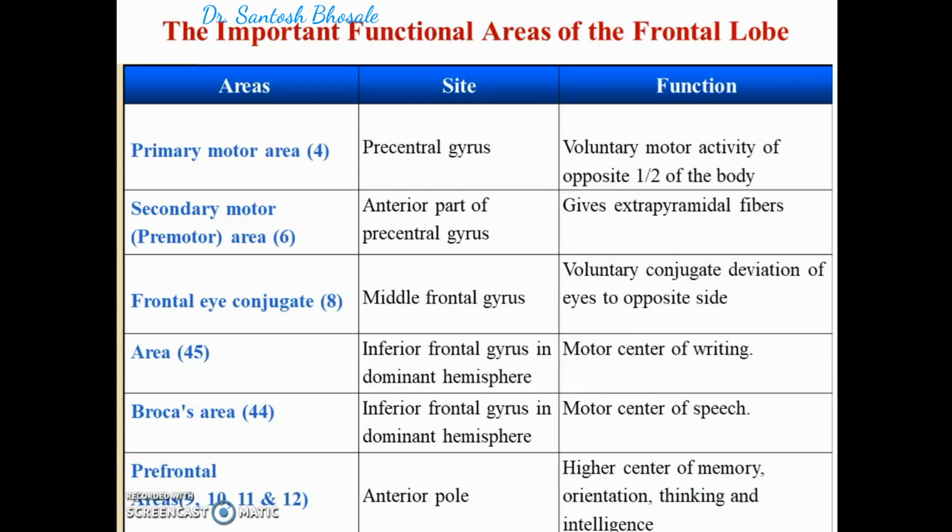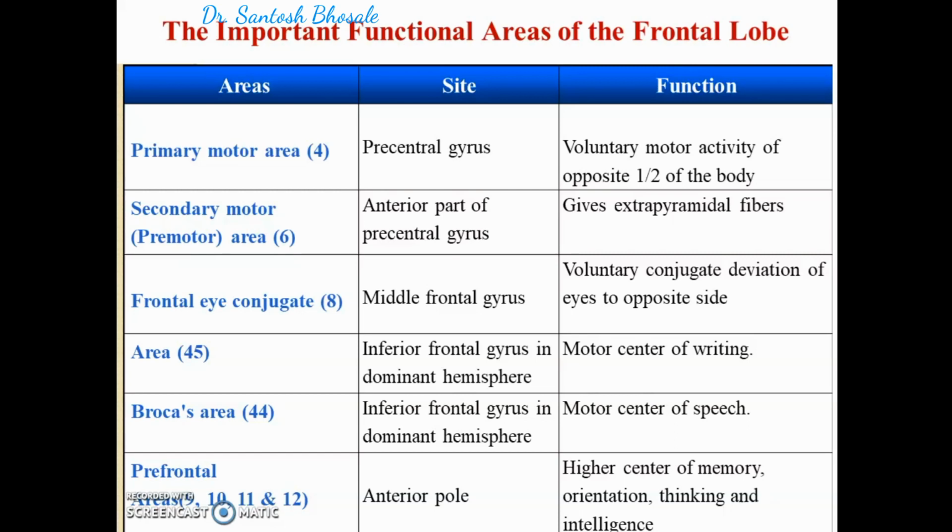Then the remaining part, areas 9, 10, 11, 12, is the higher center or the neocenter for the limbic system. It helps the person to judge, decide, analyze, and for futuristic cognitive thinking. So the prefrontal areas are a part of the limbic system, whereas other areas are motor areas.